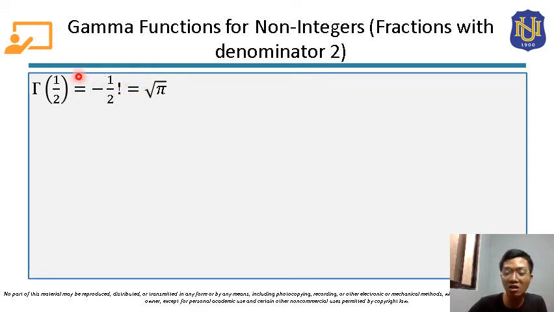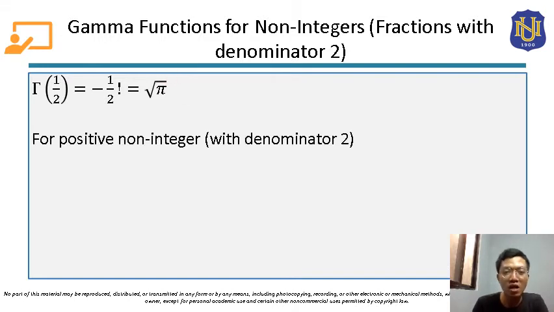This is already established: gamma of 1/2, or negative 1/2 factorial, is equal to the square root of pi. So we will no longer derive why this is the equivalent value, since it is already established. Just remember that negative 1/2 factorial, or gamma of 1/2, is equal to the square root of pi. We will use this here.